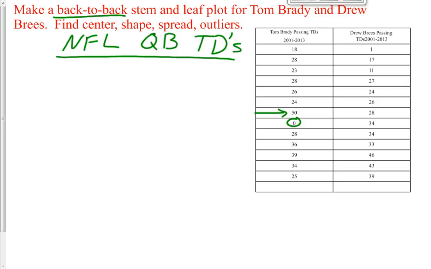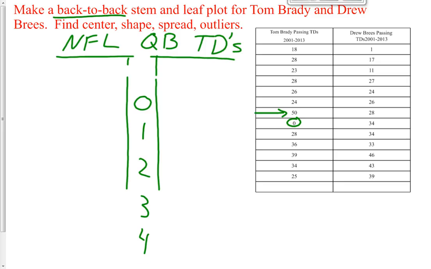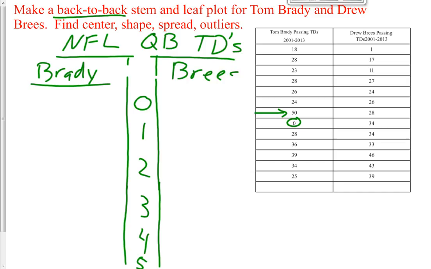So it would make sense here to have our stems be the tens place: 0, 1, 2, 3, 4, and 5. Because Tom Brady is on the left side, we'll have Brady over here, and Brees we'll have over here. We're going to make 2 stem and leaf plots, but on the same graph.